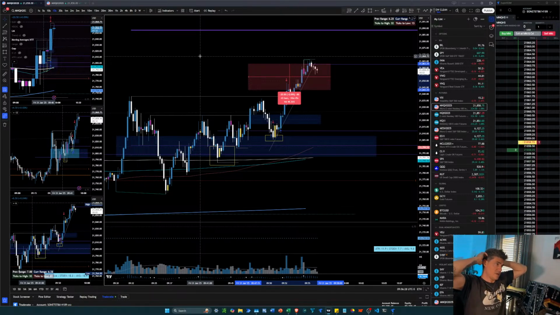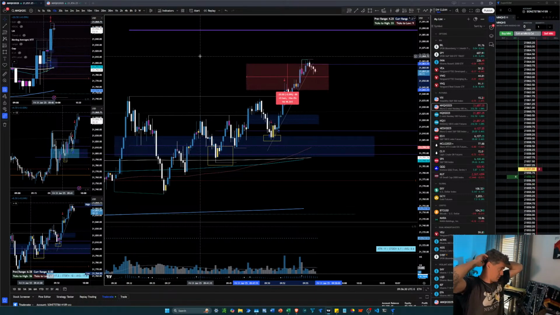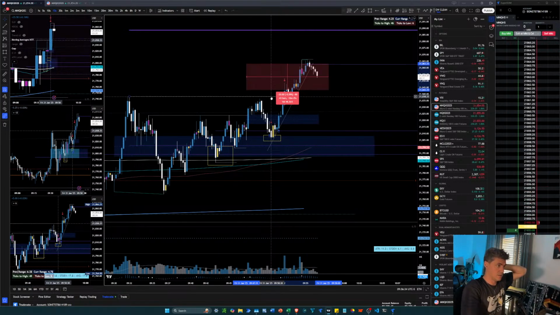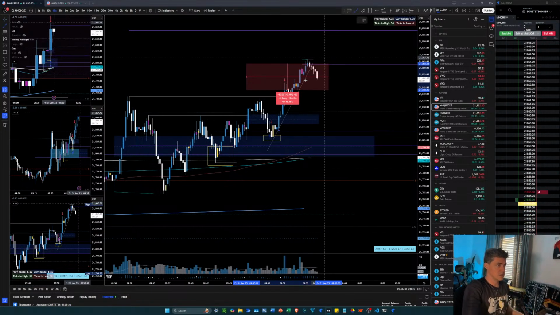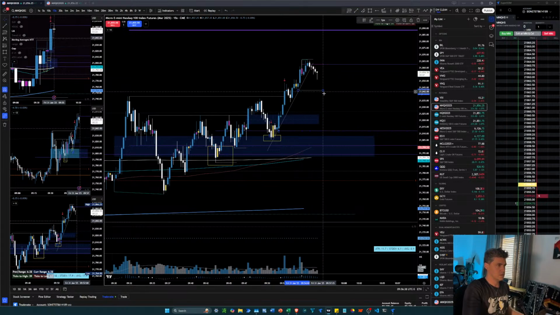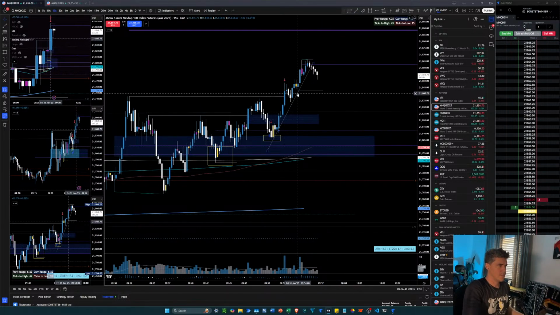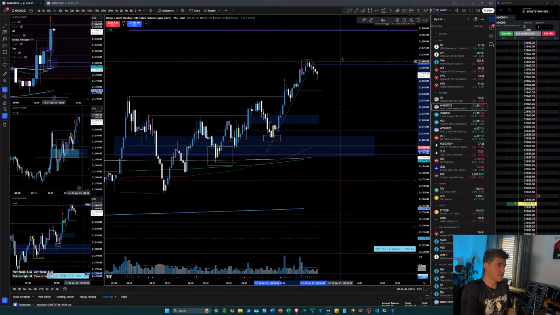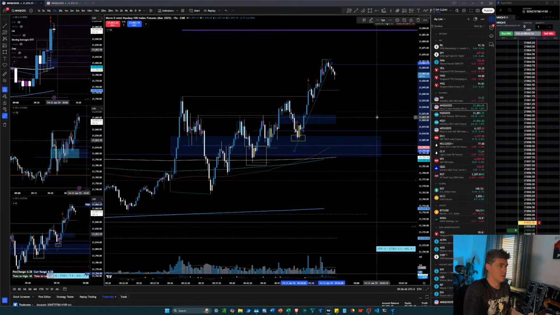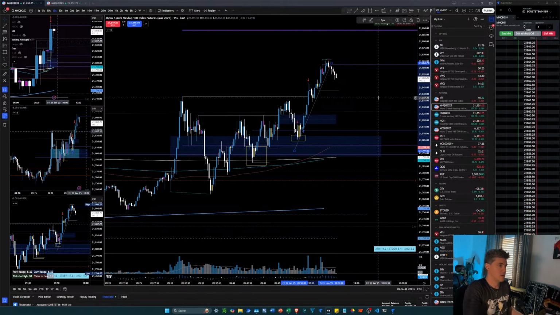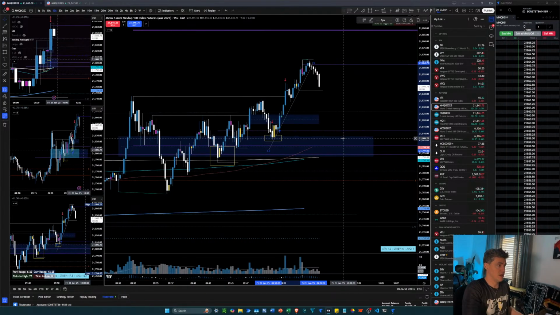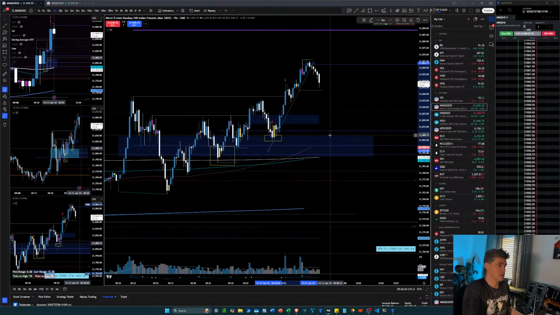Could have a break and retest of this high of day price. Let's just call this 20-point range this swing low here. Price could definitely come retest this moving average and initial imbalance.